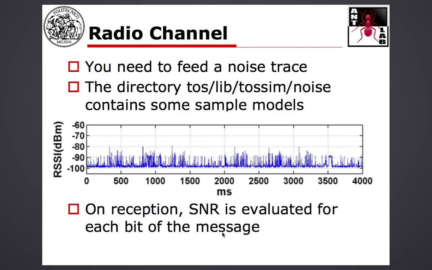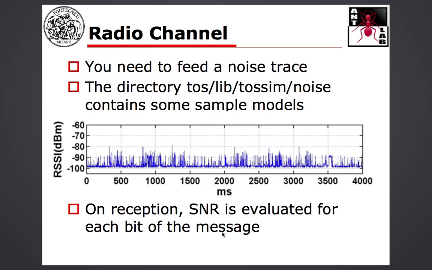Then when you basically set up a simulation, you have to specify a noise trace to the simulator. The noise trace basically simulates what is the effect of external noise on the links of your topology. So basically, you can decide what kind of noise to introduce in your simulation.